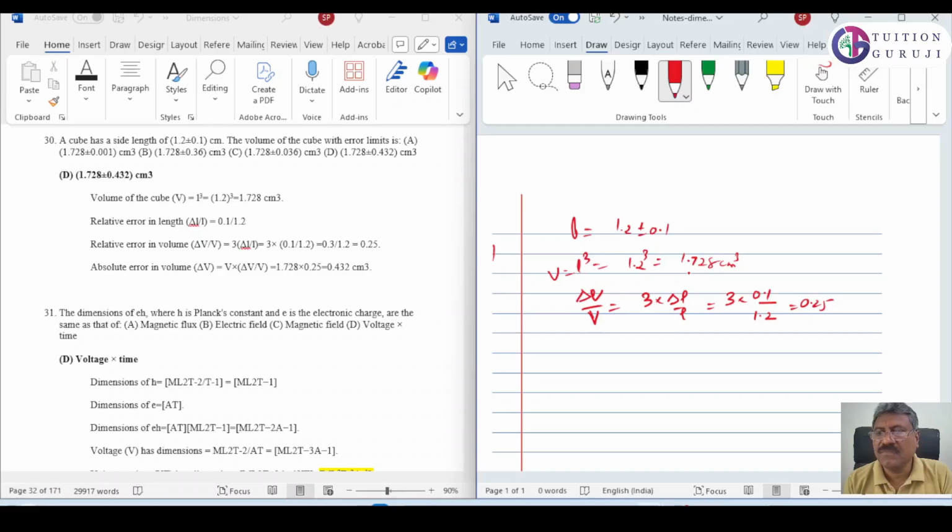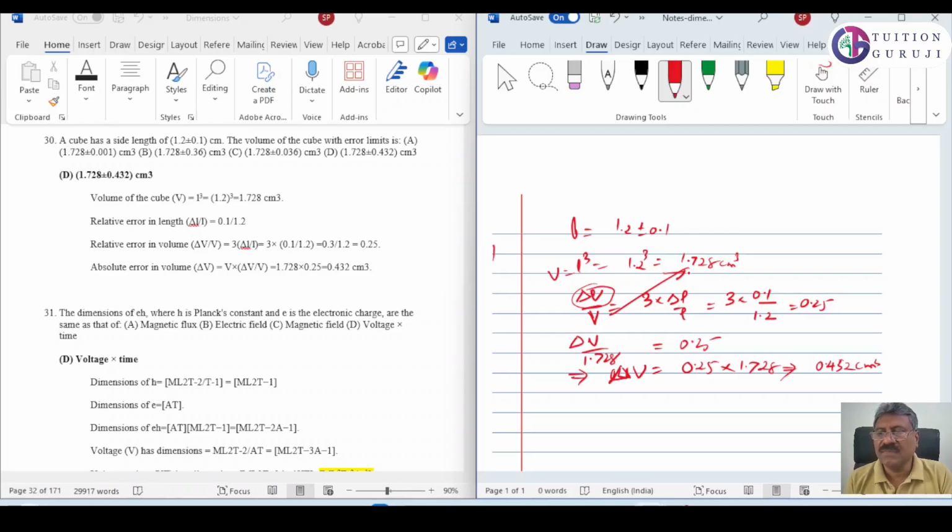Therefore, we have to find out delta V. We already found out the volume. So delta V by 1.728 is equal to 0.25, right? Which implies delta V is equal to 0.25 into 1.728, which will give 0.432 centimeter cube.